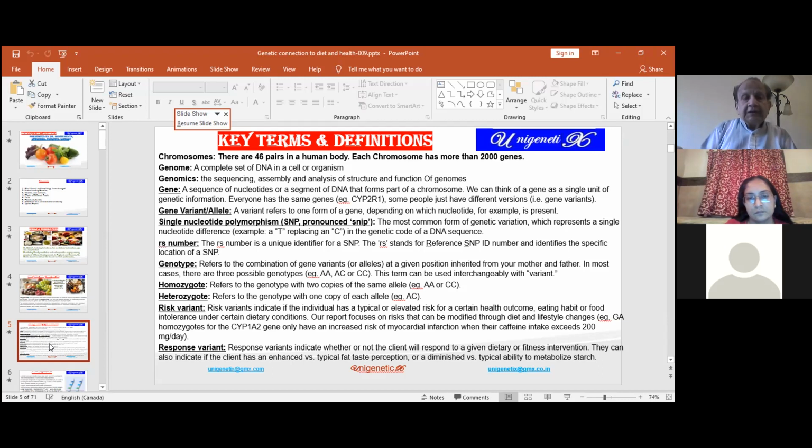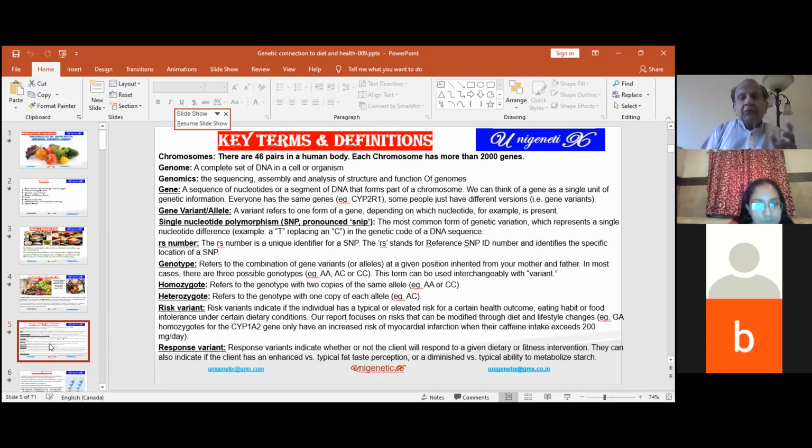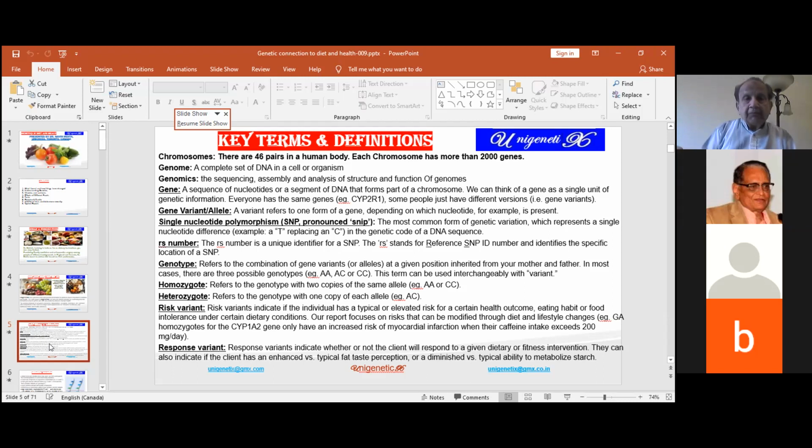That's called gene variants, or when a gene is different from most of the other people in the society, it is called a variant. It's a form of gene that depends on a slight difference in the nucleotide. Now this word SNP is the most important.